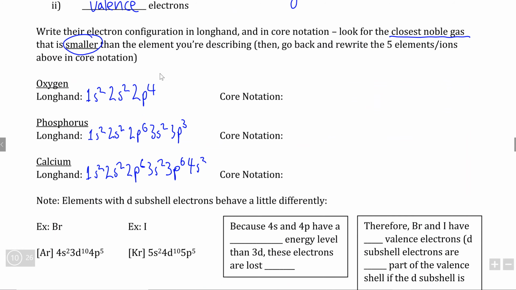So if we remember that helium has the electron configuration 1s2, we can put the noble gas in brackets here so that helium again represents the electrons in the 1s subshell, and then the rest of the electrons, 2s2, 2p4, in oxygen's case, we write out. So again, the noble gas here represents the core electrons.